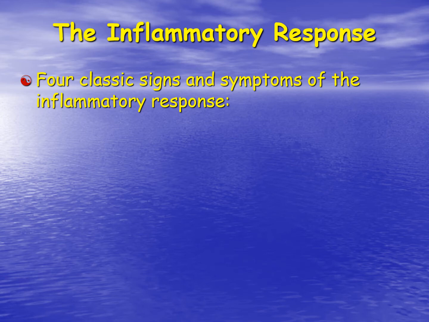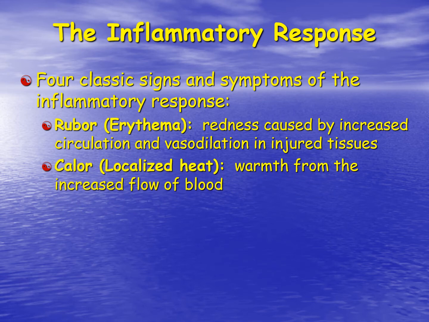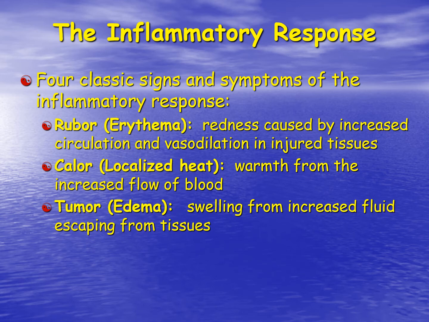We have to break or damage blood vessels. So there are four classic signs and symptoms of the inflammatory response. Rubor, or erythema, which is redness. Calor, which is localized heat. And tumor, not a tumor, but tumor, which is localized edema.